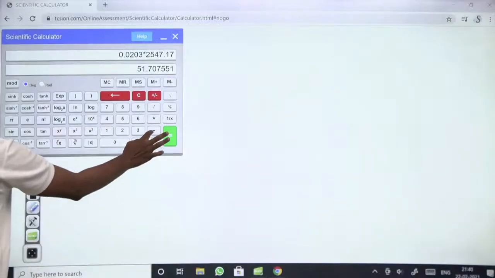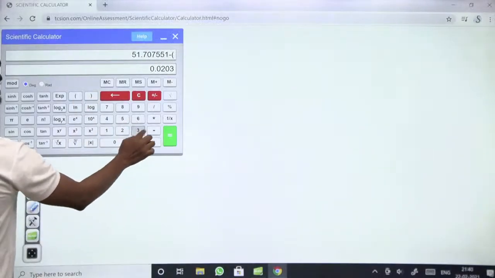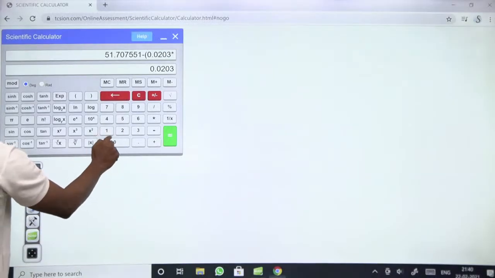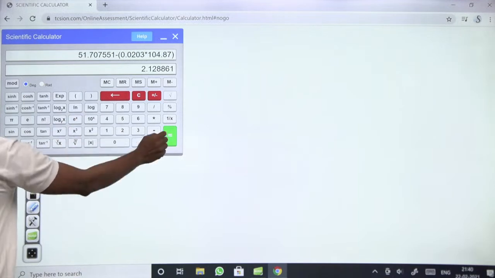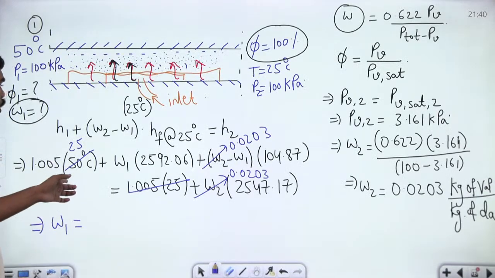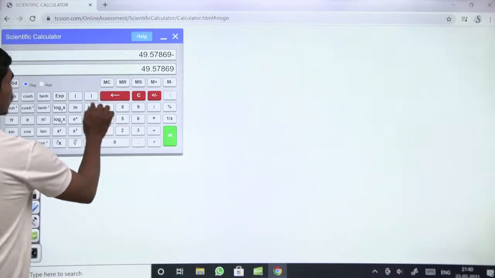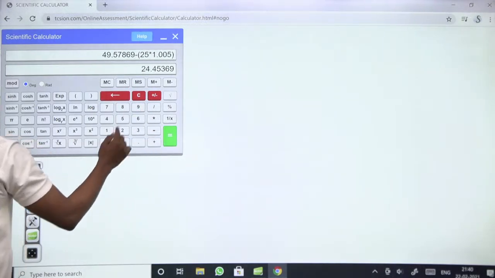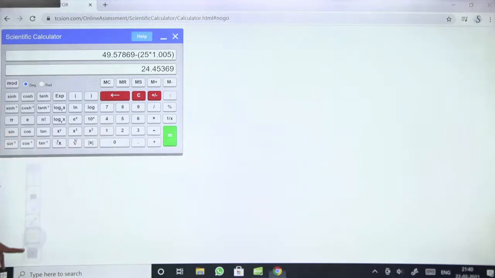So minus 0.0203 into 104.87. This is the value that you can subtract directly, and of course, now we can also subtract 25 times 1.005. So minus 25 times 1.005. This we can subtract. So 24.45369 is available with us.